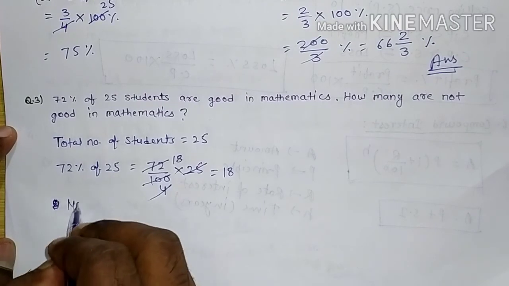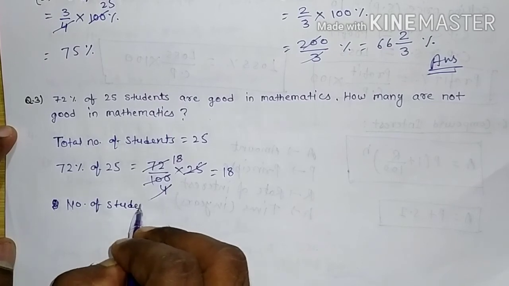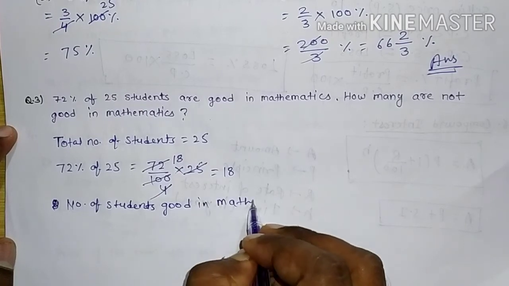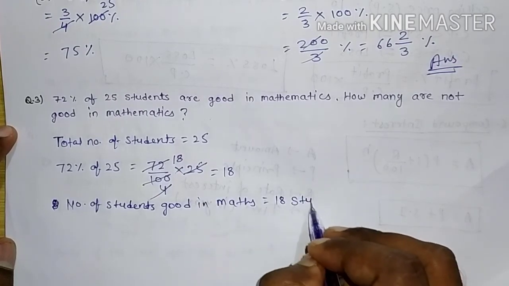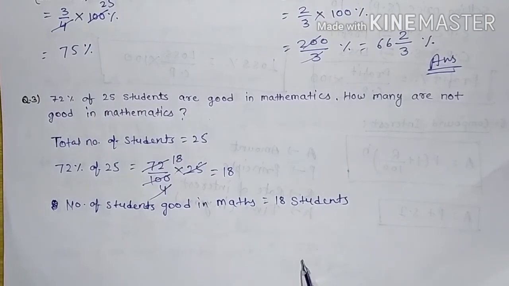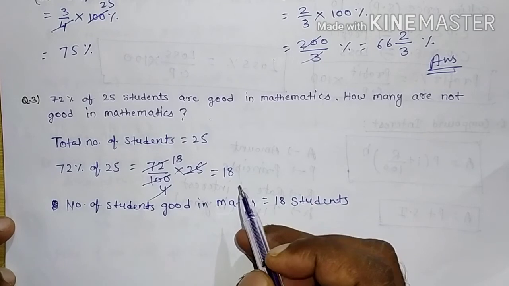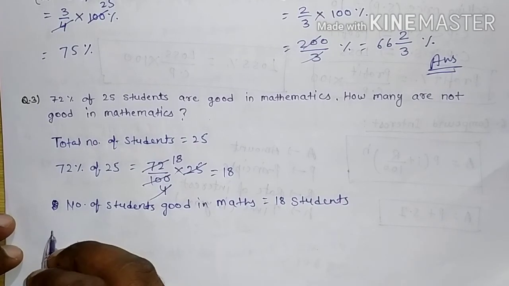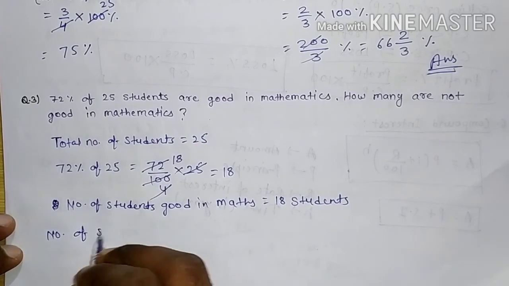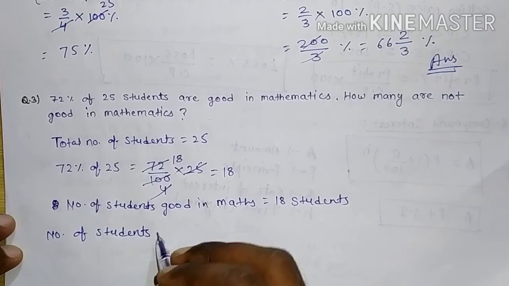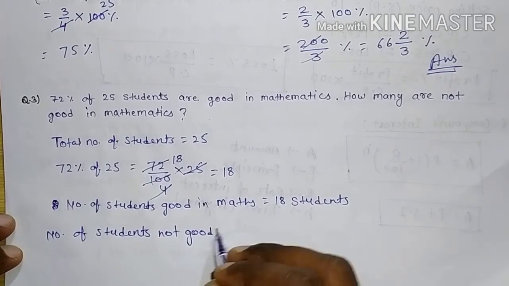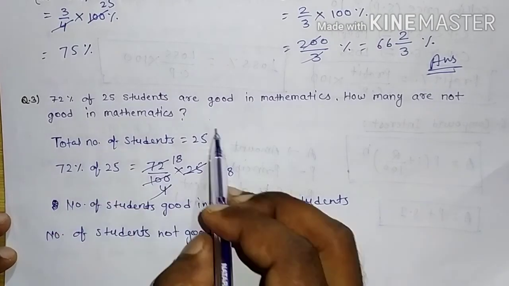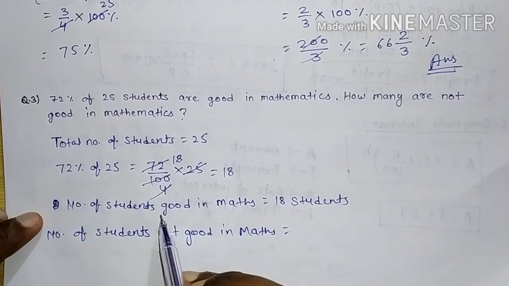So here we can write number of students good in mathematics equals 18 students. Now what is the number of students who are not good in mathematics? So number of students not good in mathematics equals total number of students, 25, and number of students good in mathematics is 18.